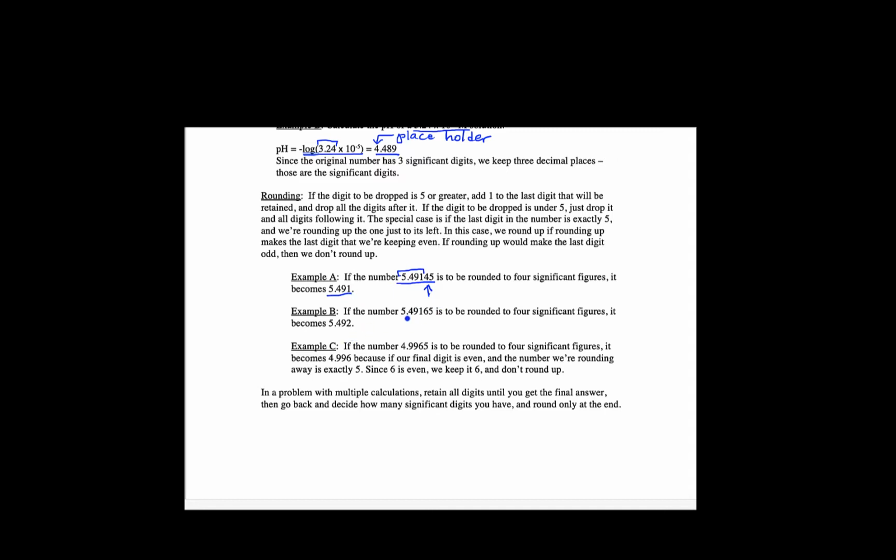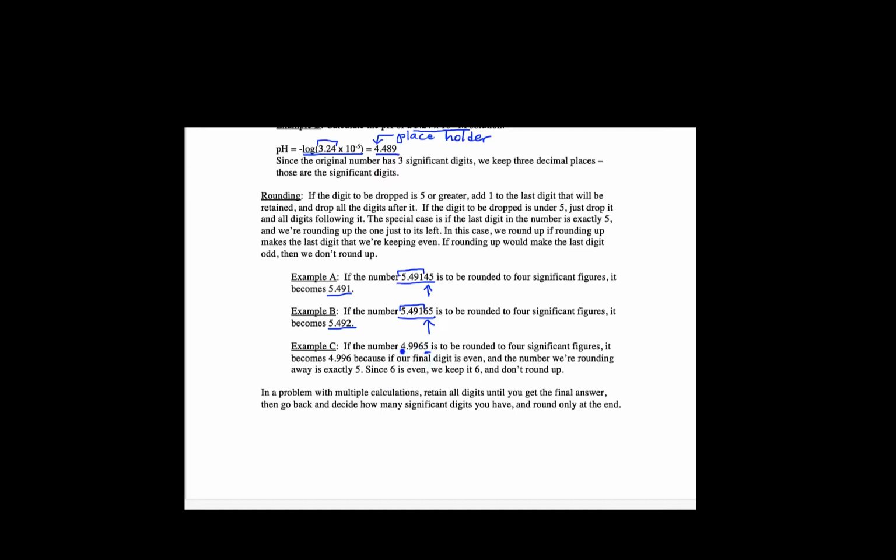Now, in a slightly different scenario, instead I have 5.49165. And so if I'm still rounding to 4 significant digits, I'm going to look at that number and say, okay, that number is above 5. I'm going to round it up to 5.492. Now, the special case that we have here is when we are rounding and we have exactly 5 as the last digit that we are rounding off.